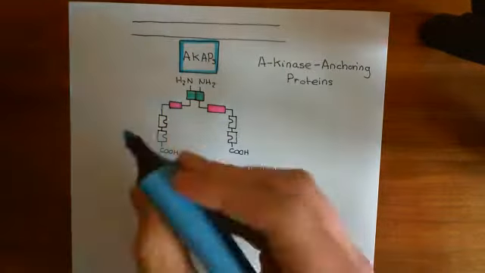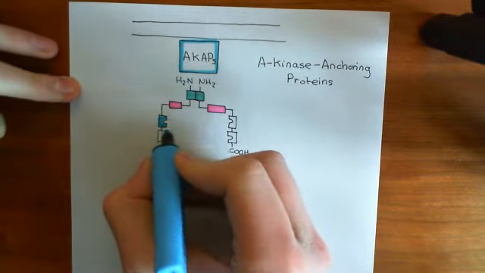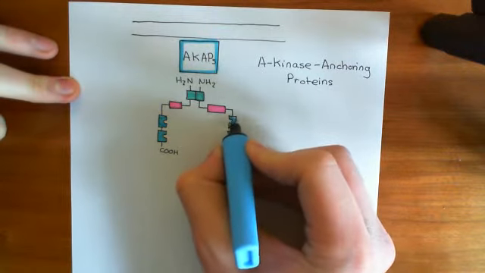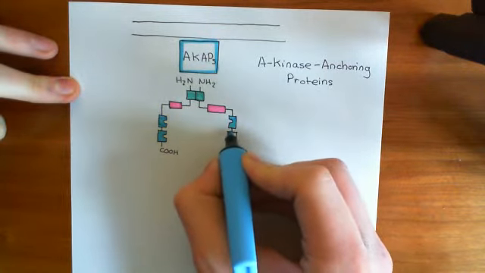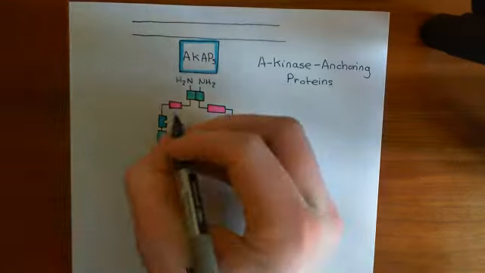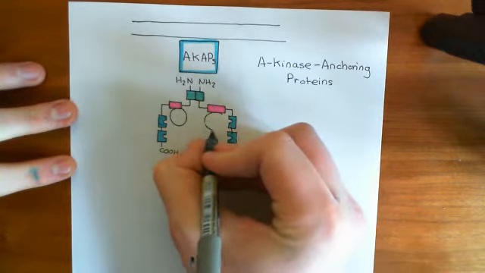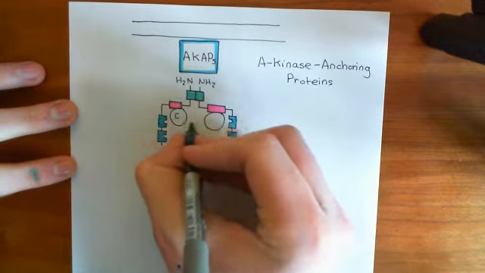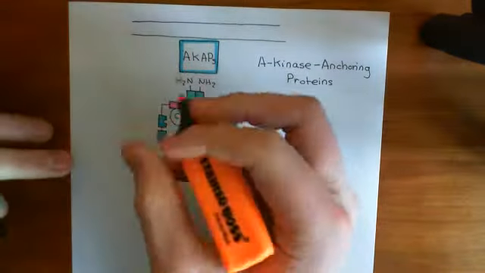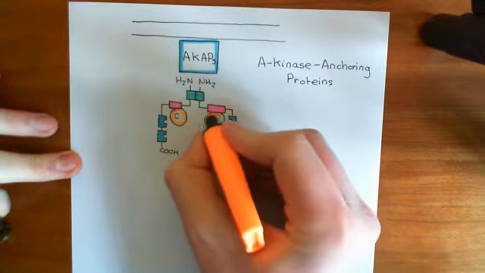Okay, I'm going to colour that in blue again. And then, of course, this is just the regulatory subunit dimer. We need now to add on the catalytic subunits to make our full protein kinase A holoenzyme. So here then are the catalytic subunits bound to the protein kinase A inhibitor sites of the regulatory subunits of protein kinase A. Okay, so here are the catalytic subunits highlighted now in orange.